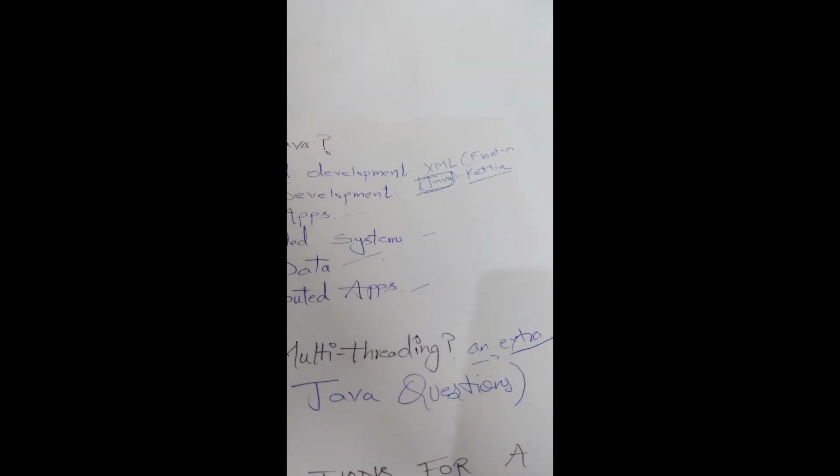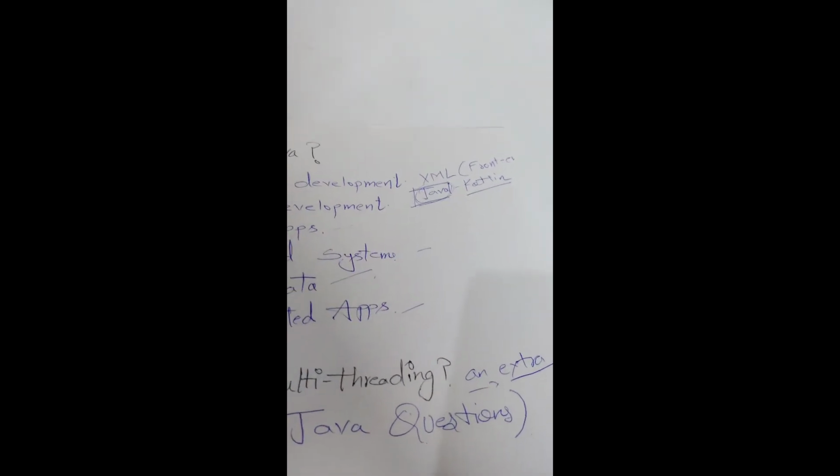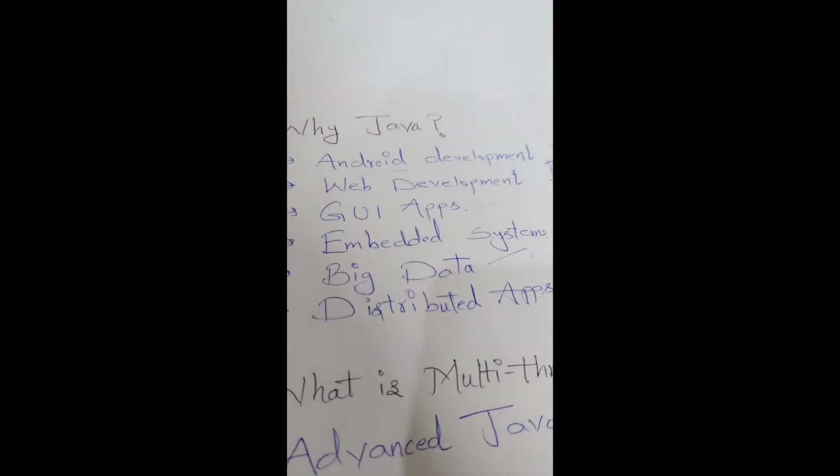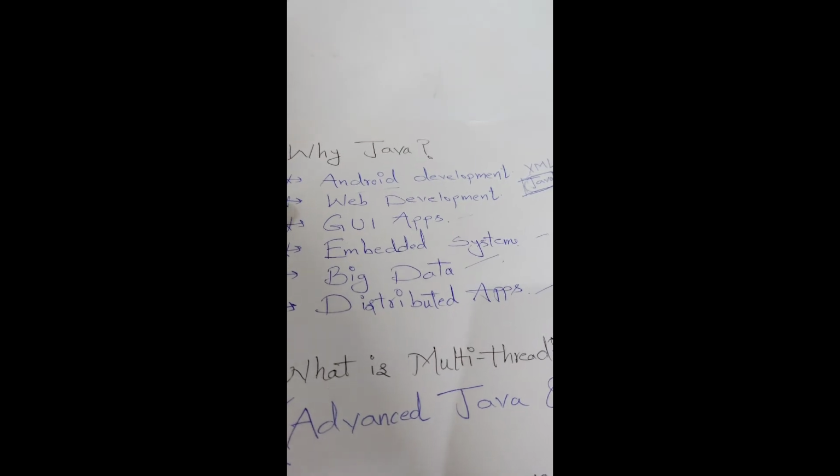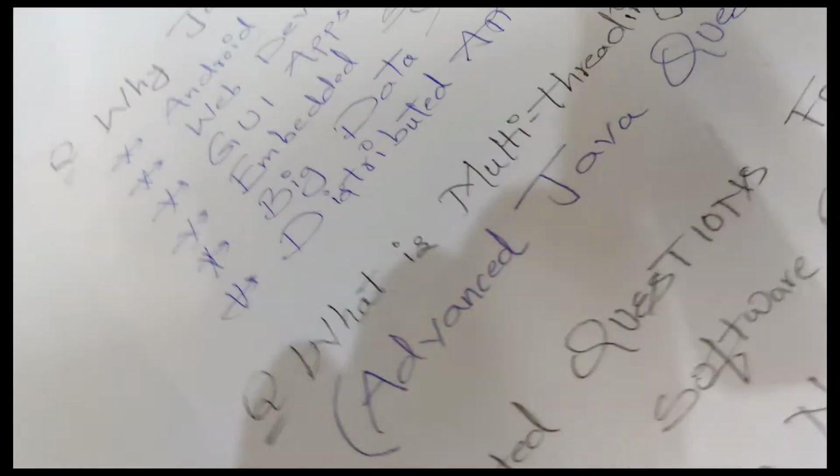So if you want to do Android development, then Java is a must. Then graphical user interface apps, embedded systems, big data, distributed apps. So Java is a very rich language.